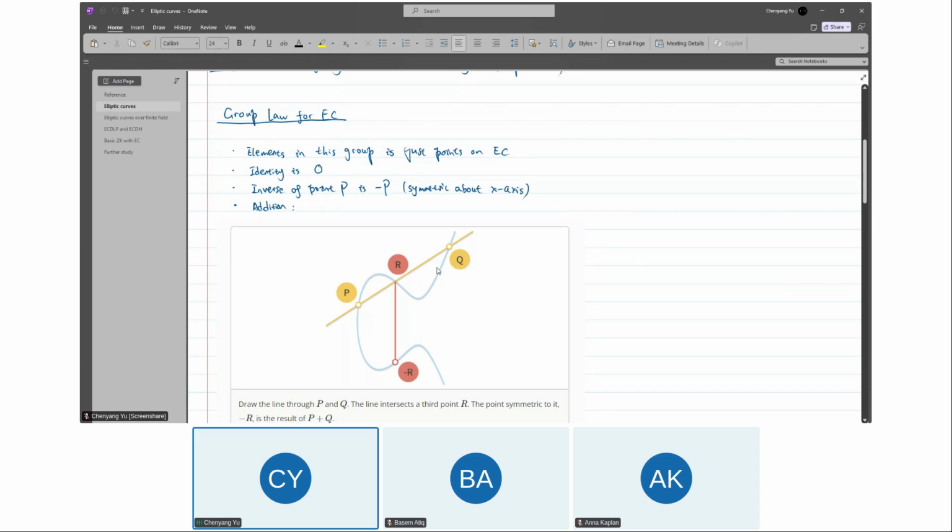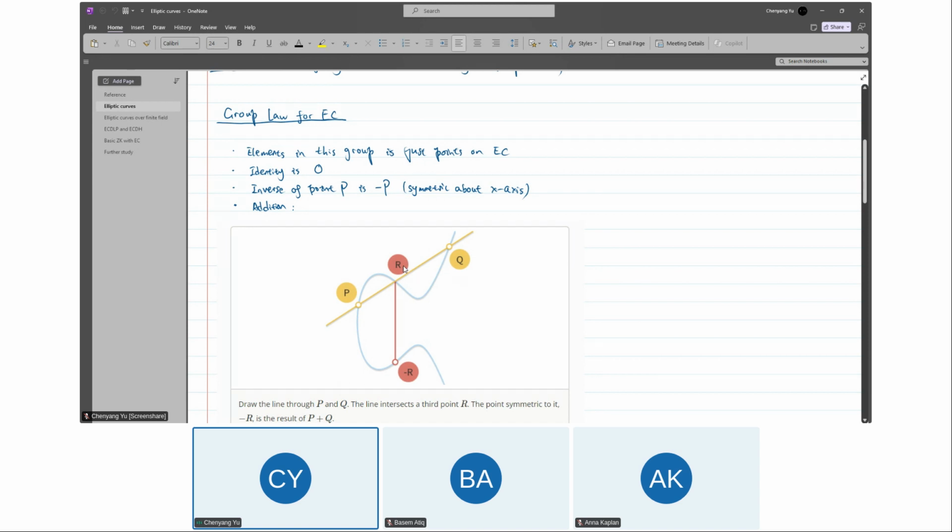We are just connecting two points. For example, we are doing P plus Q. We connect P and Q with a straight line. It's going to intersect the curve somewhere at R. But we can't say P plus Q equals R, because that's going to create a contradiction.